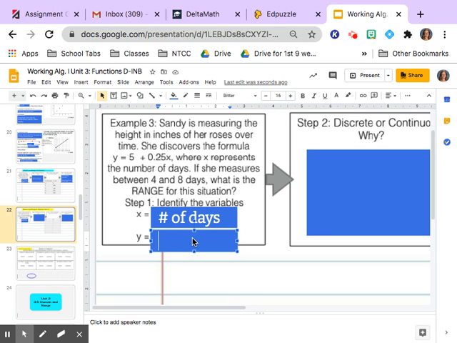Let's reread it. It says, Sandy is measuring the height in inches of her roses over time. So X is number of days. So what is the other variable? Height of roses.